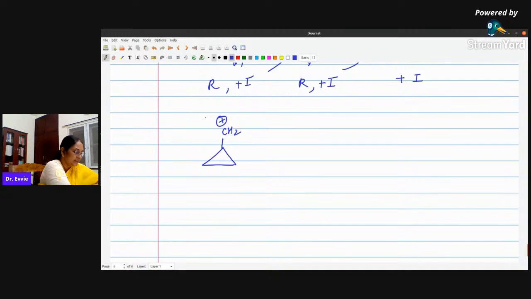Okay, this is methyl, what is this? Cyclopropyl. Okay, so cyclopropyl. There's a CH2 plus charge, methyl carbocation. This particular compound has a very high stability. That is, we can call it exceptionally stable.